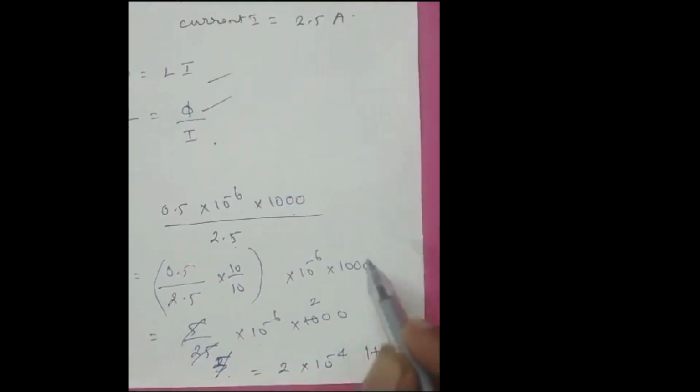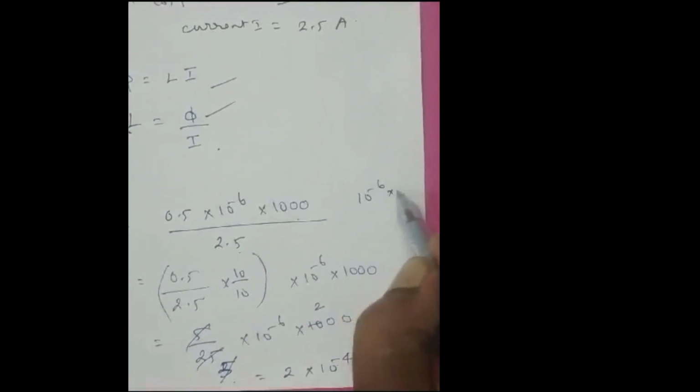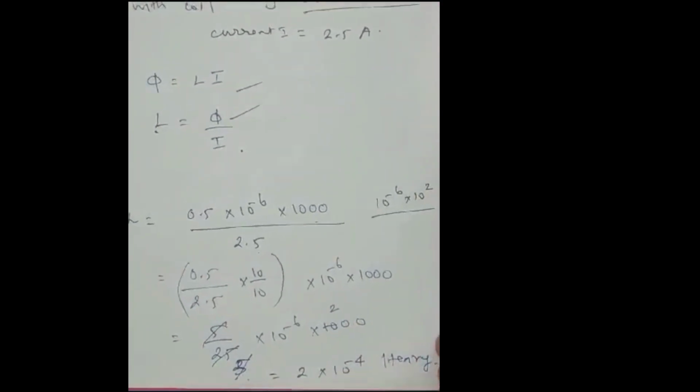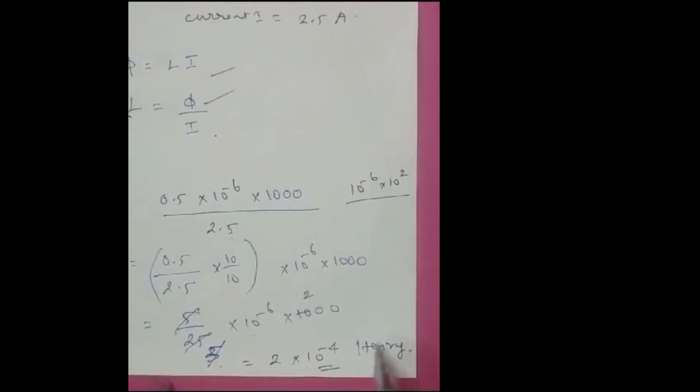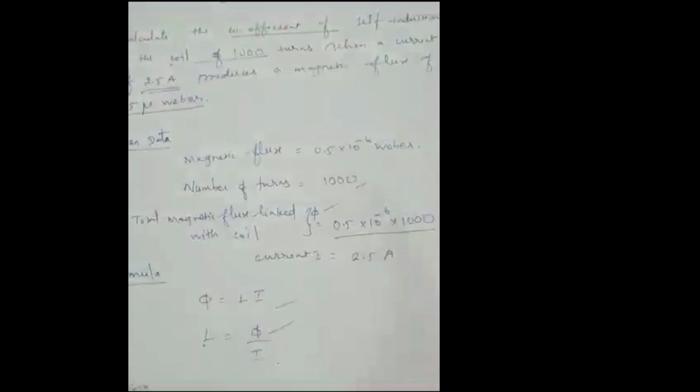That's why we put 10 divided by 10 into 10 power minus 6, times 100. So 5 twos are 10. So here we see 2 × 10 power minus 6 into 10 power 2, as a result 10 power minus 4 Henry. So now you find out the coefficient of self-induction, 2.4.